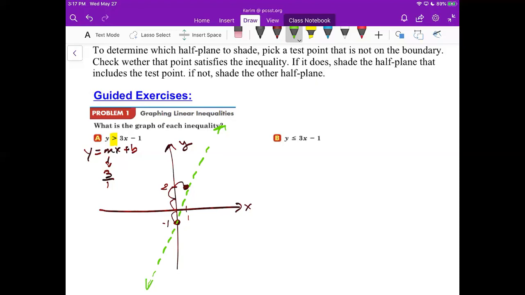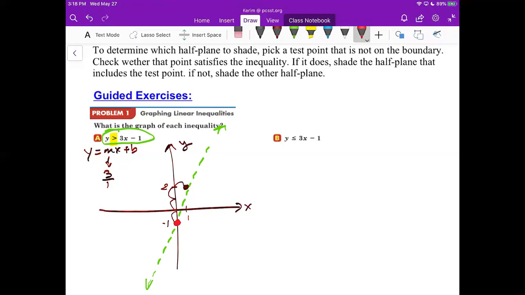I have two methods that you may use. Number one only works when the y is by itself, like this. When the y is by itself, pay attention to the y-intercept, this red point, and then look at the inequality.